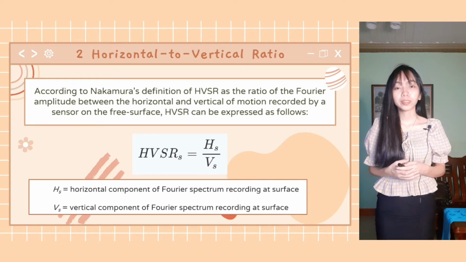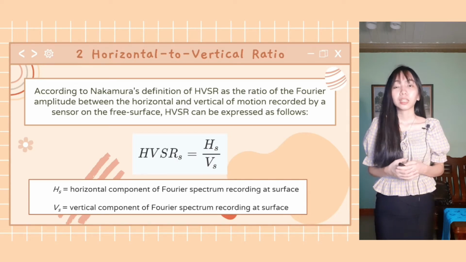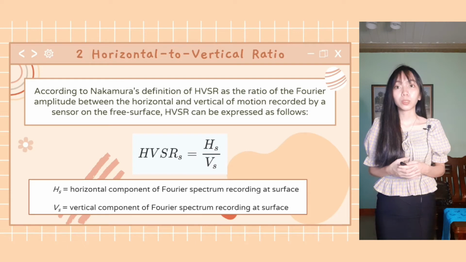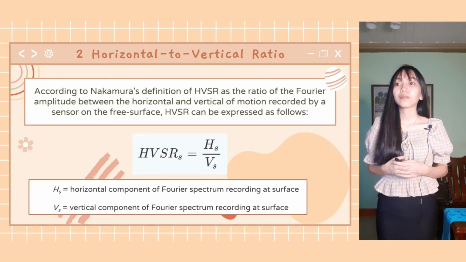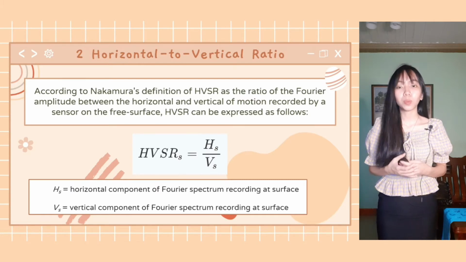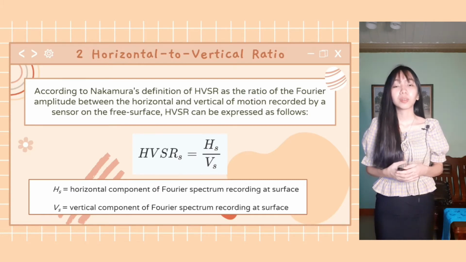HVSR can be expressed as follows: HVSR_s equals H_s over V_s, where H_s is the horizontal component of the Fourier spectrum recorded at the surface, while V_s is the vertical component of the Fourier spectrum recorded at the surface.